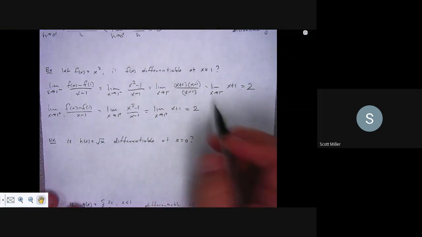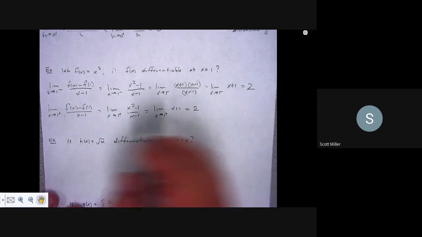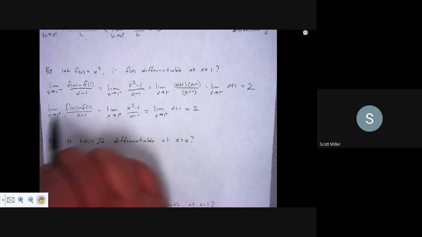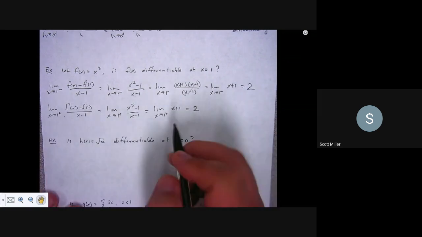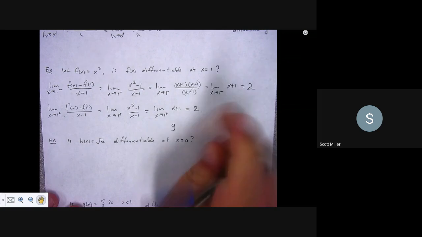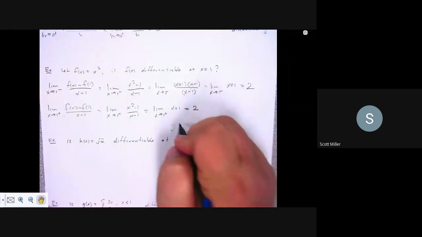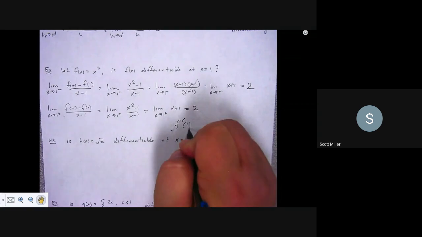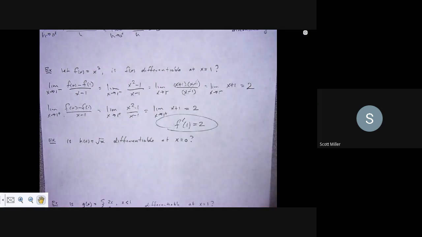Because these are exactly the same value, and remember, this is the derivative at a point from the left and from the right, they agree, so the limit does exist. I can say f prime at 1 equals 2. Okay?